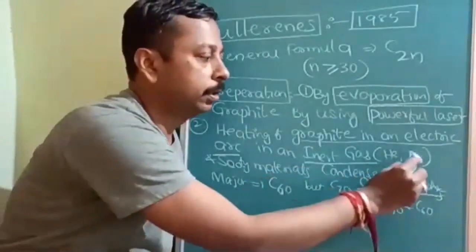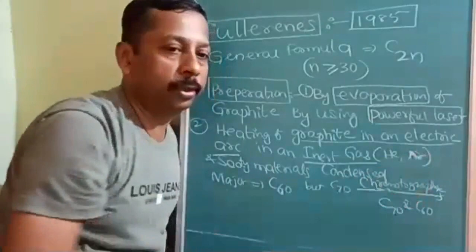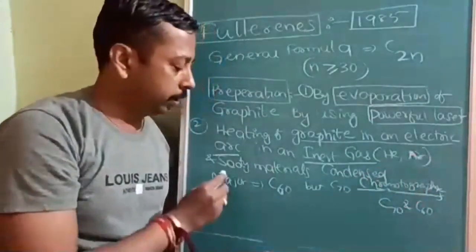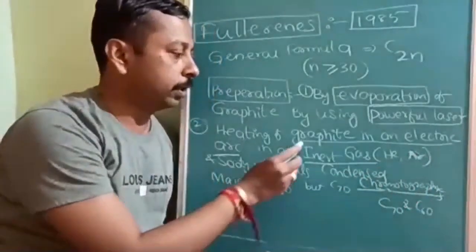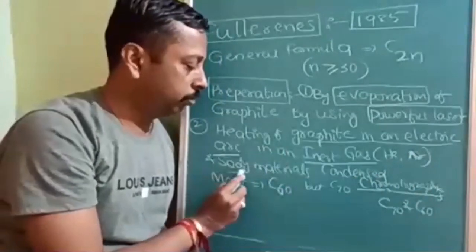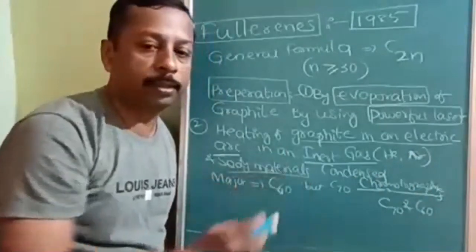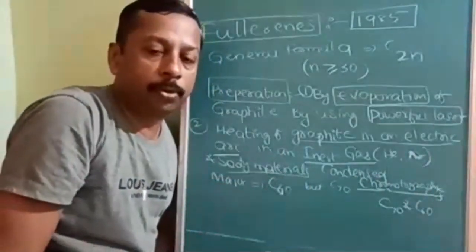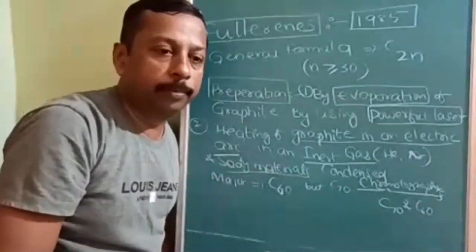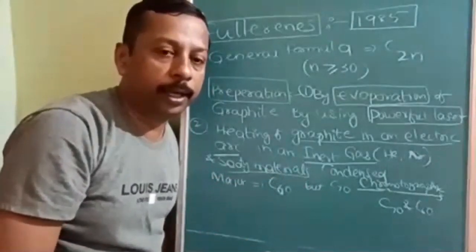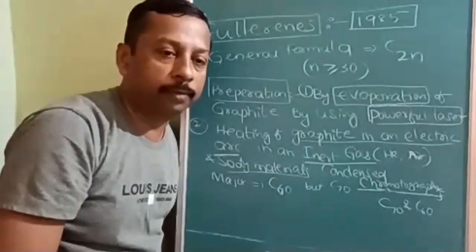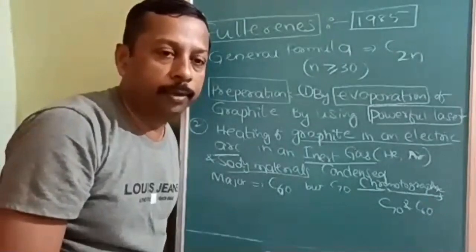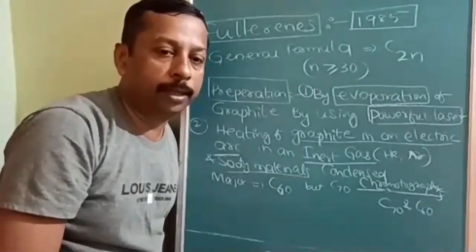When you heat it with the electric arc, there will be sooty material. Sooty means black color powder. When you put a hand in front of a flame, you get a black color powder. That powder is called sooty material.